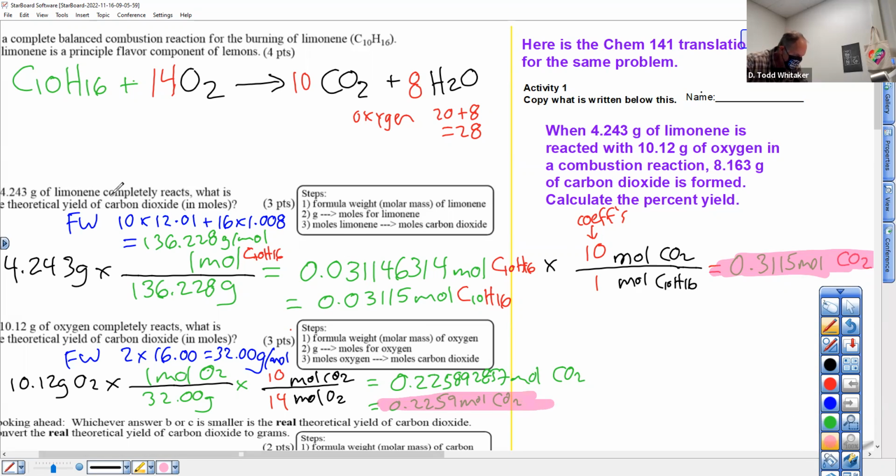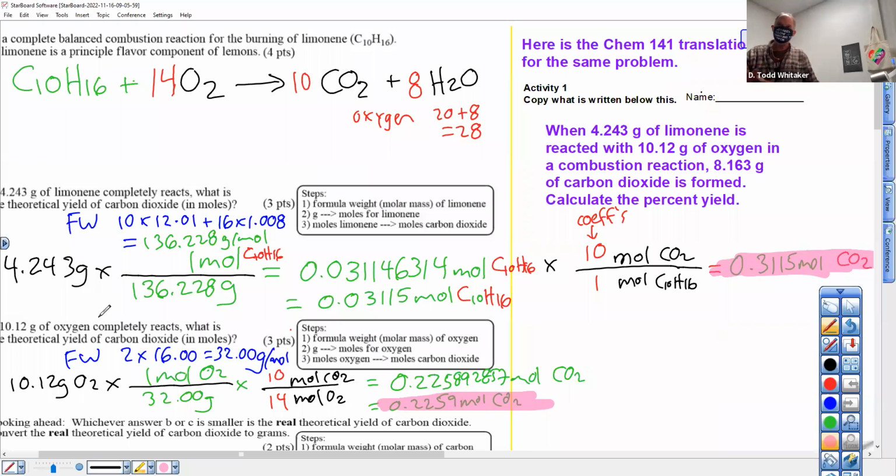If you mix this with this, what is the most CO2 you can make? That's what's called the theoretical yield from the, here's the new stuff, the limiting reactant.